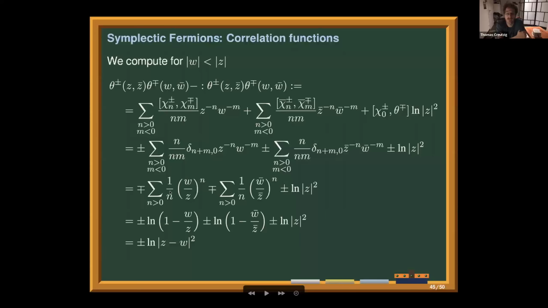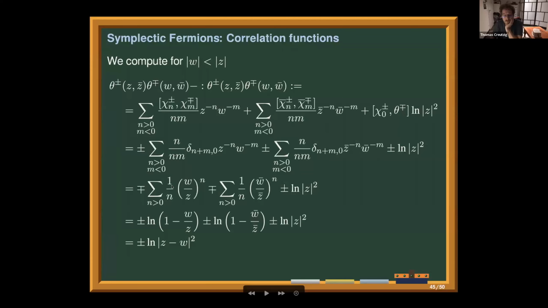Geometric series, right? The sum over positive integers of x to the n is the expansion of 1 over 1 minus x, where x is smaller than 1. So this expression is an antiderivative of this. Antiderivative of 1 over 1 minus x is the logarithm of 1 minus x.